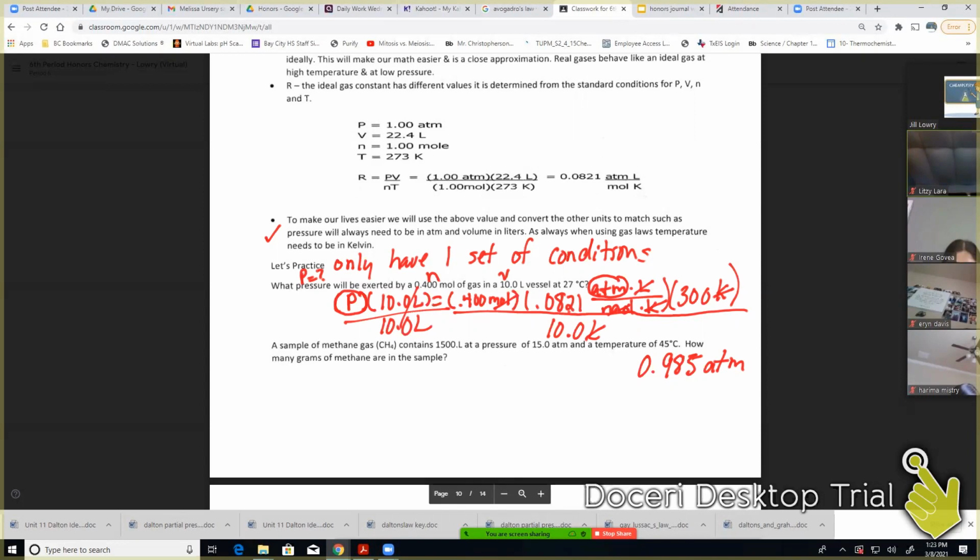Or did they get any different numbers? Remember, since this was my unknown pressure, I chose to use 0.0821, so that would give me my units of atmospheres. All right, let's look at another one here, and then y'all can give some a try.